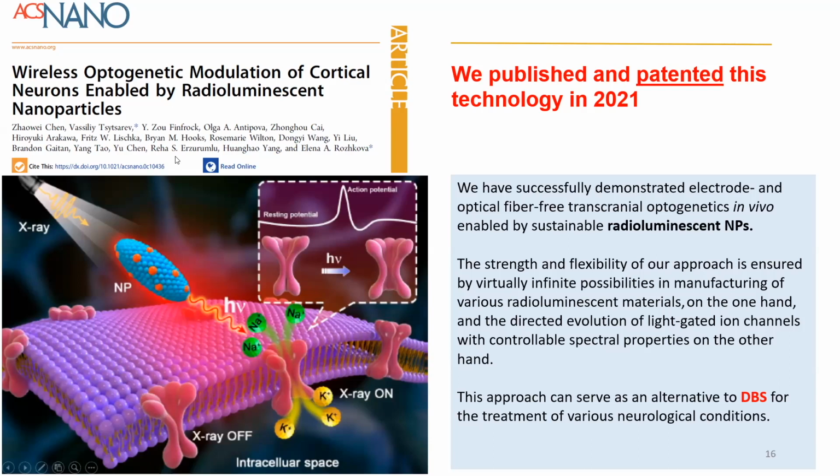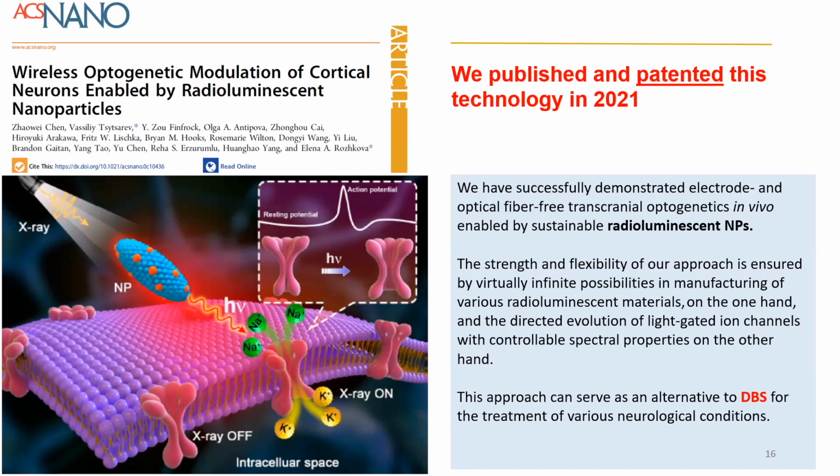By the way, it's a relatively small dose, comparable with the dose we get when we visit the dentist for a teeth X-ray, and we can control excitation or potential inhibition, if it is, for example, not channel rhodopsin but halorhodopsin, by X-ray radiation. So this technology allows us to wirelessly control neural firing anywhere in the brain without any mechanical intervention, without neurosurgery.